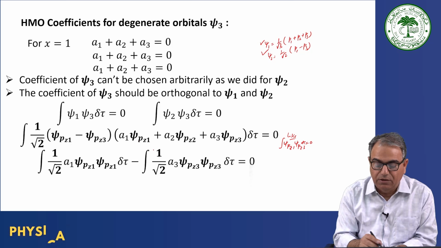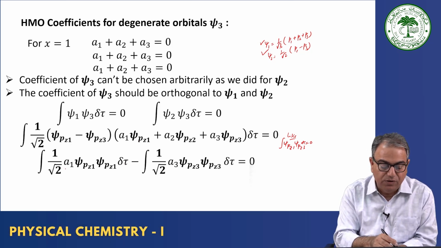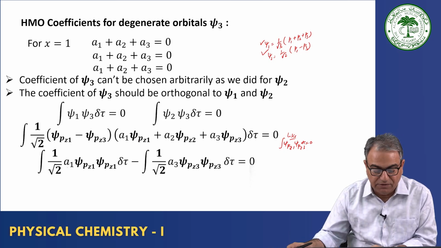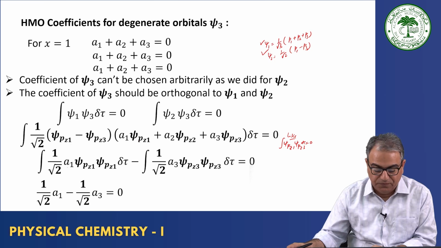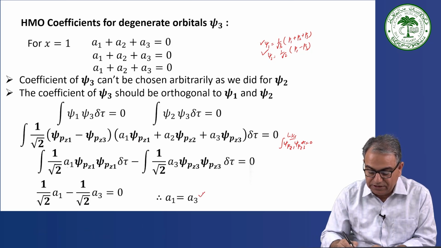So if you bring 1 by root 2 a1 and a3 outside the integral, you get 1 by root 2 a1 minus 1 by root 2 a3 is equal to 0. So 1 by root 2 a1 is equal to 1 by root 2 a3, which means a1 is equal to a3. This is the condition we got.